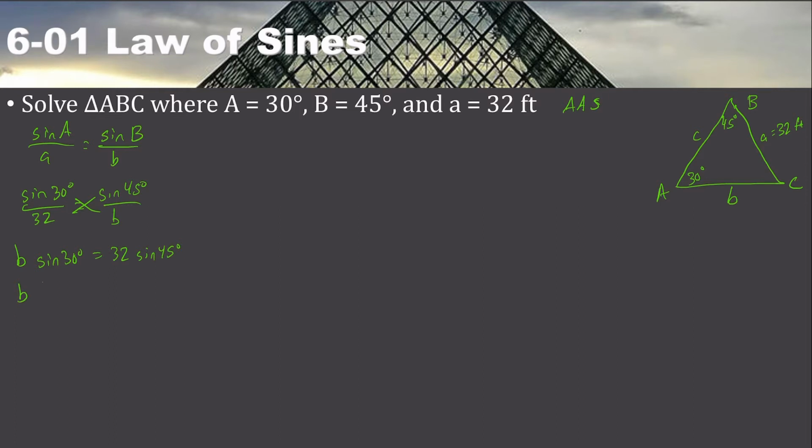Of course, sine of 30 degrees is a half, and sine of 45 degrees is square root of 2 over 2. So if I multiply both sides by 2, I'll get 32 square root of 2, which is approximately 45.25 feet.